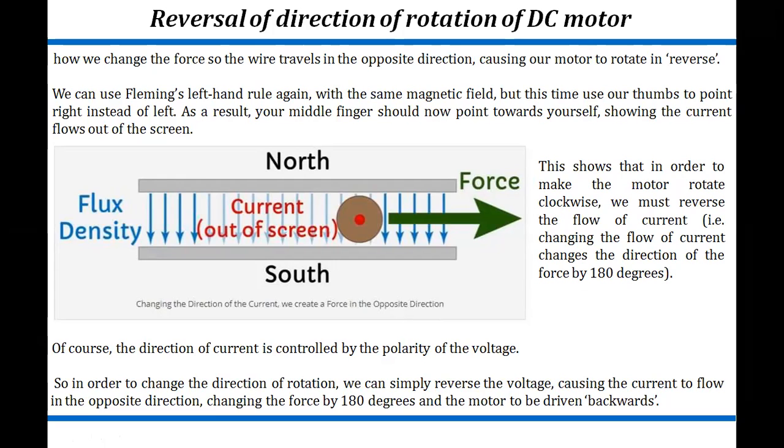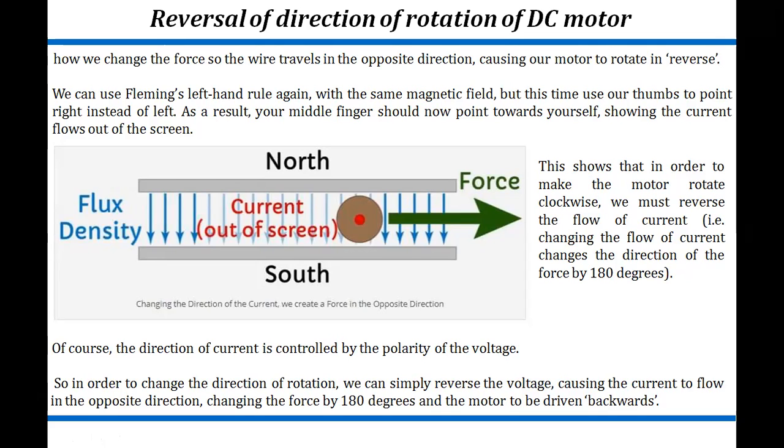This shows that in order to make the rotor rotate clockwise or anti-clockwise, we are supposed to reverse the direction of current. By reversing the direction of current, we will get the DC motor going in the reverse direction.